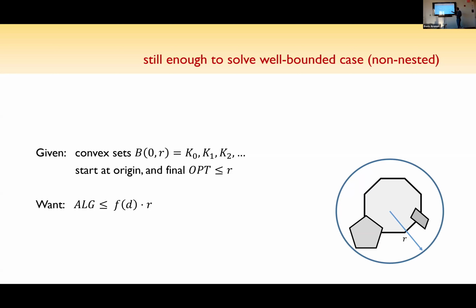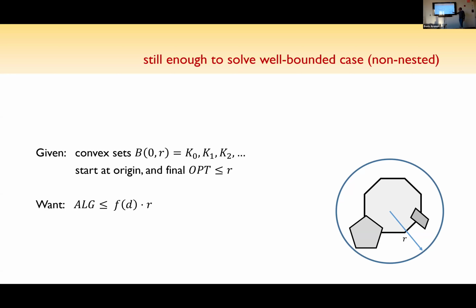So the optimum can never escape this ball, because this ball is the R. Just give me a solution which costs me at most f of d times the optimum, and think of f of d as d. But the bodies could intersect the boundary of the ball.